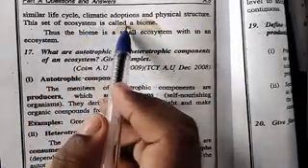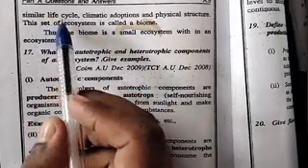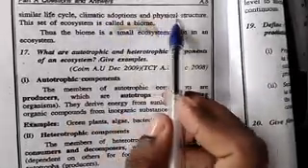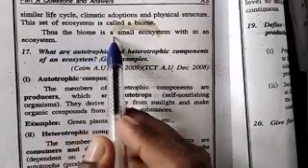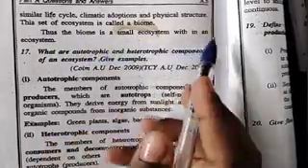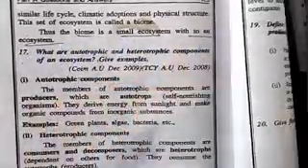This set of ecosystems is called a biome. Thus, a biome is a small ecosystem within an ecosystem.